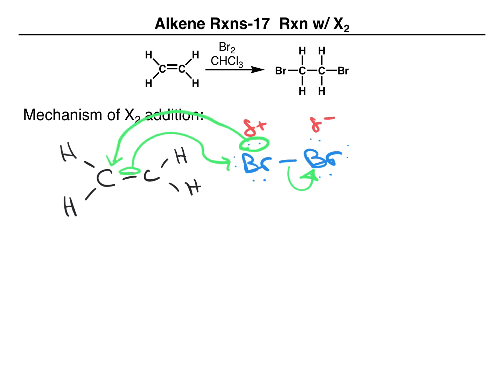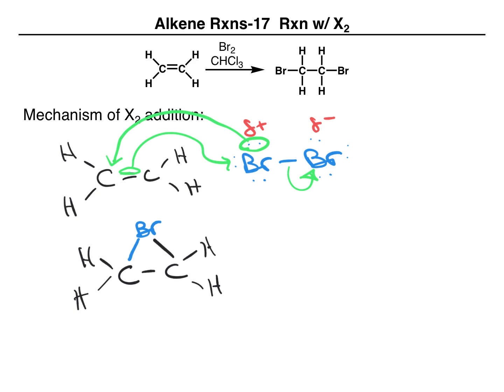So what does this give us? We still have our carbon-carbon sigma bond, and this is still connected to the hydrogens. But now this carbon has shared a pair of electrons with the bromine, and bromine has shared a pair of its electrons with the other carbon.